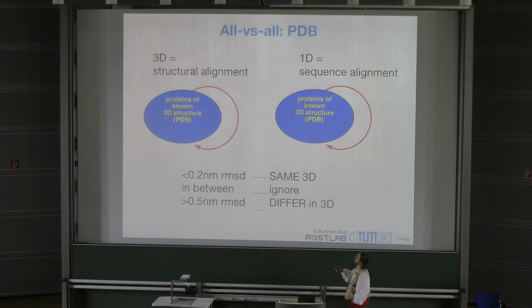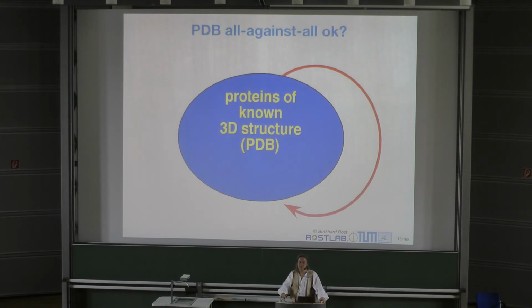I take the entire protein database, compare all against all. I take the set that has a similar 3D structure, with some RMSD threshold. I take things that differ, and I have something in between where I'm not so sure. So I leave that out of my comparison, just to make sure I go to two extreme data sets and ignore something in between.